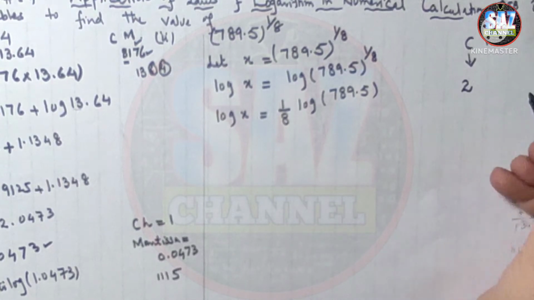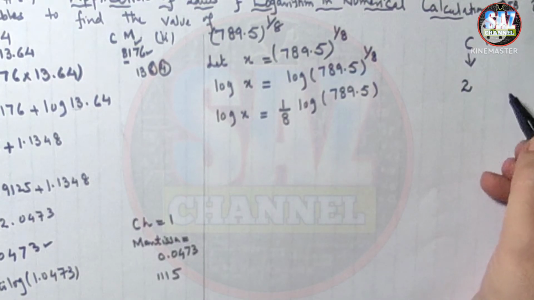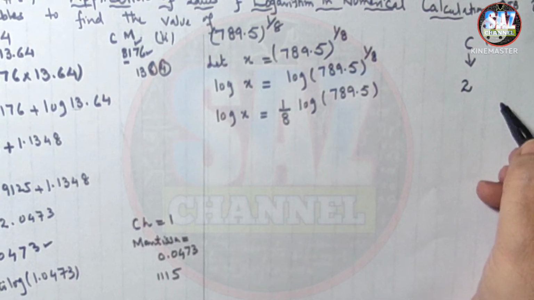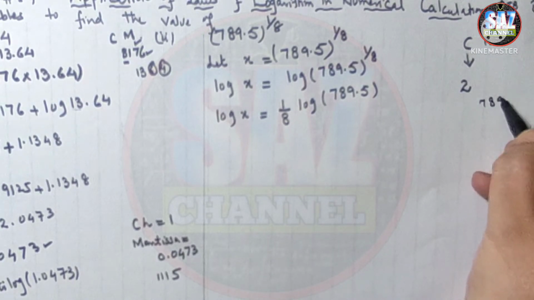And for the mantissa, we write the given number to 4 significant figures, and that is already 4 digits, 7895.